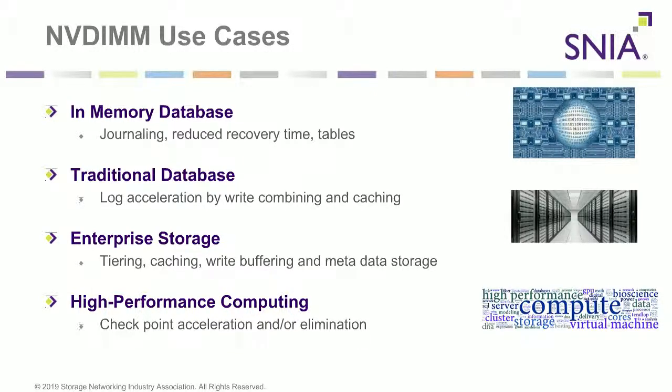For factors like journaling, keeping the read logs, and also managing and maintaining a lot of the tables, you would need frequent access to this. And if you are going to the SSDs for every one of these transactions, it is going to prove very expensive, and it may not be efficient from a latency perspective.